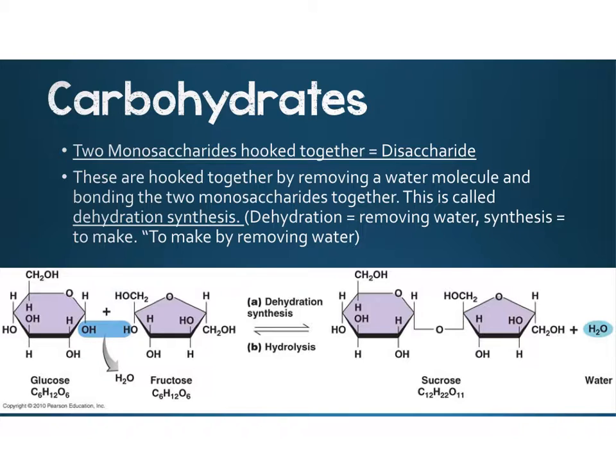Well, we can also just hook 2 together, and when we hook 2 together, the name for that molecule is a disaccharide. An example of a disaccharide is sucrose, that you've probably heard of. So when we hook these monosaccharides together, we use a process that is called dehydration synthesis.